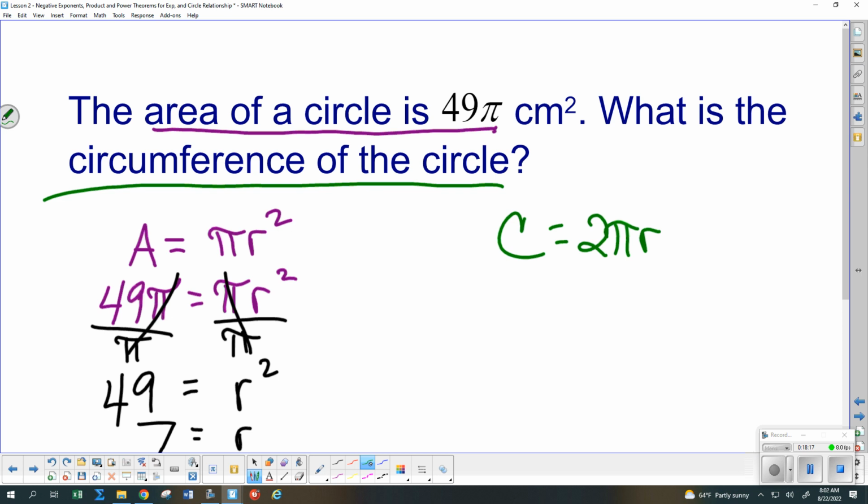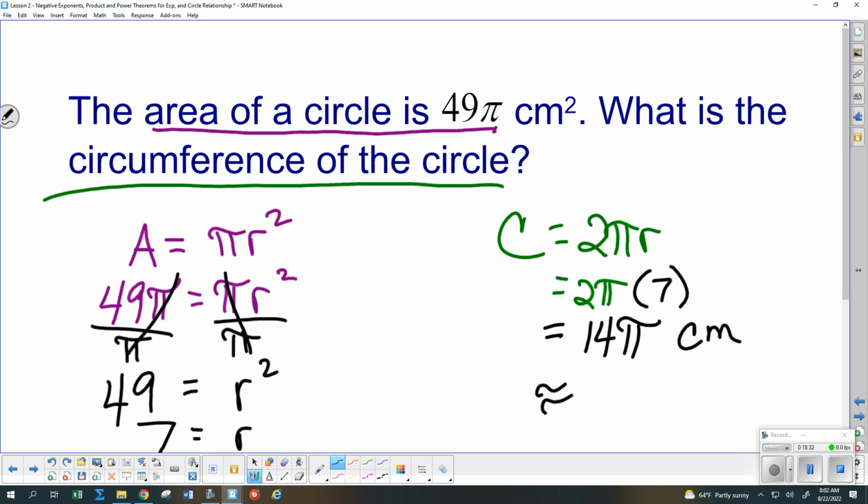So now we can plug that into 2 times pi times the 7, must simplify completely before we use a calculator. So 14 pi centimeters. Anybody have your calculator handy? Punch that in and let's see what we get.